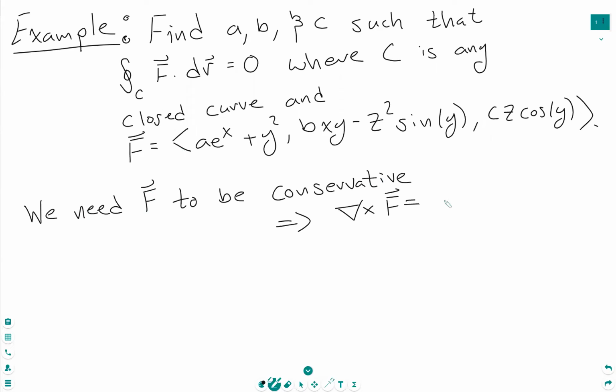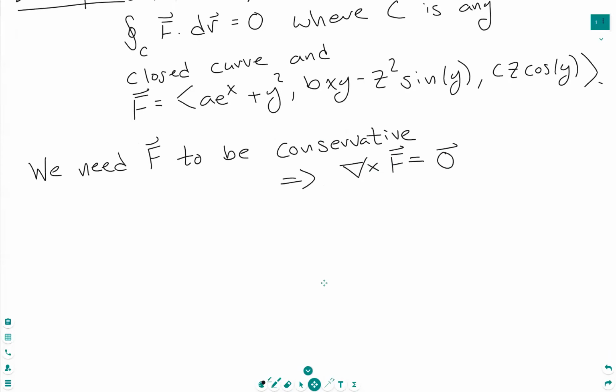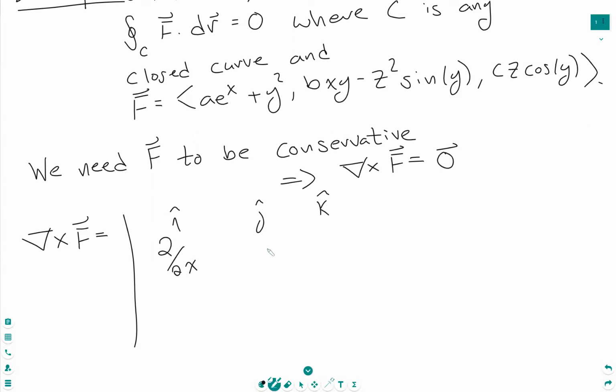One way to show that F is conservative is that the curl of F is equal to the 0 vector. So let's go ahead and find the curl. So we have i hat, j hat, and k hat. We have our derivative operators.